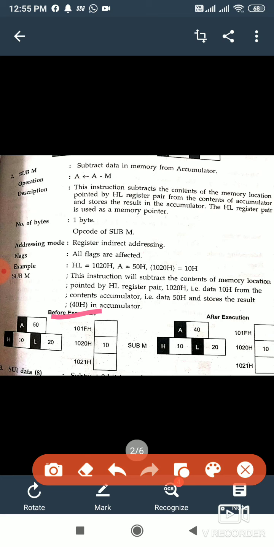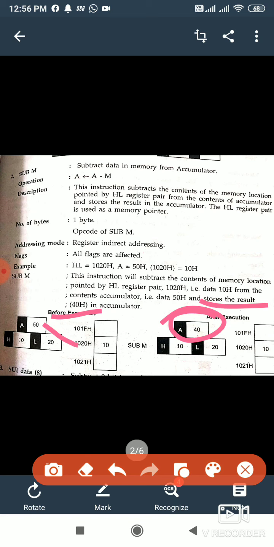That means we are pointing to which memory location? 1020. So whatever is in 1020 is subtracted from the accumulator, and after execution the result will be 40. 50 minus 10 will be 40, and this is the result of this instruction.